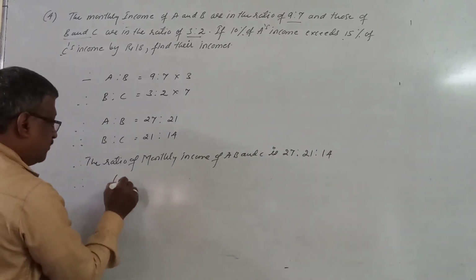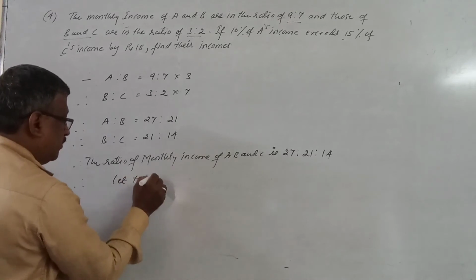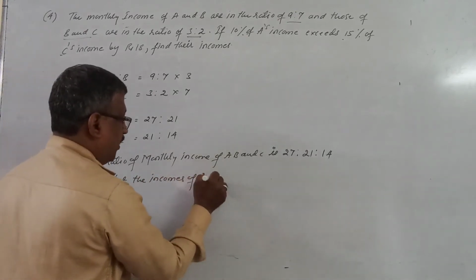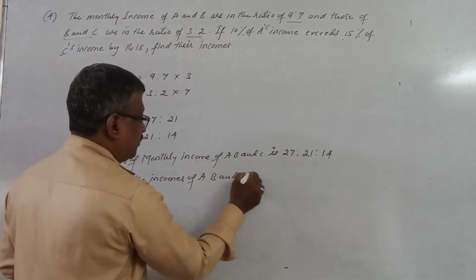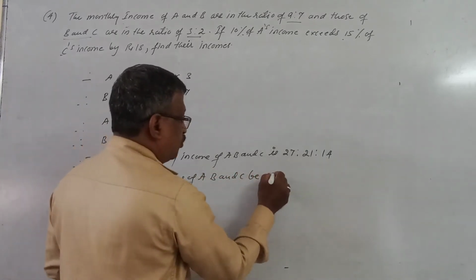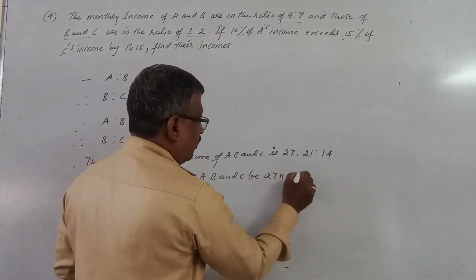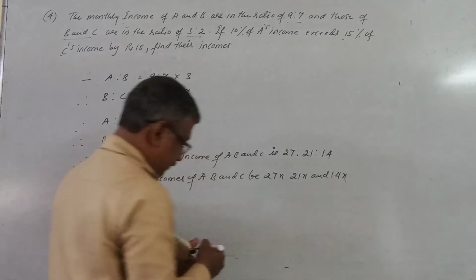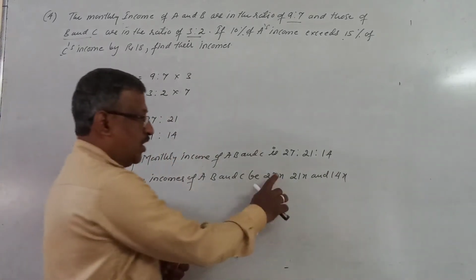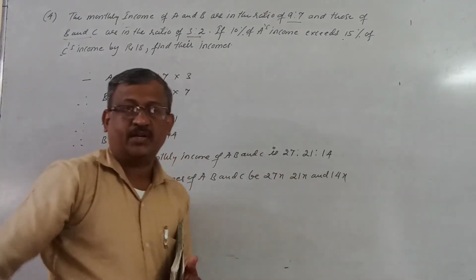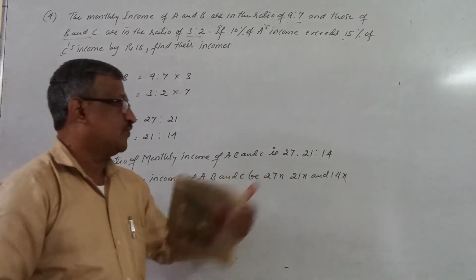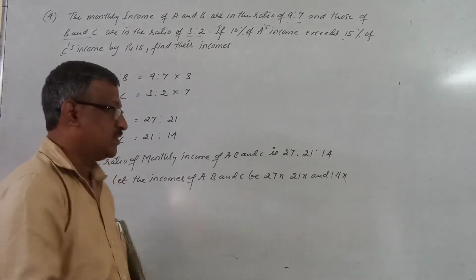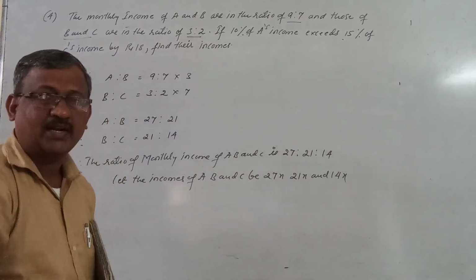Let the incomes of A, B and C be 27x, 21x and 14x. I will assume their incomes as 27x, 21x and 14x. Now why do we have to assume 27x, 21x and 14x? That you have to understand.